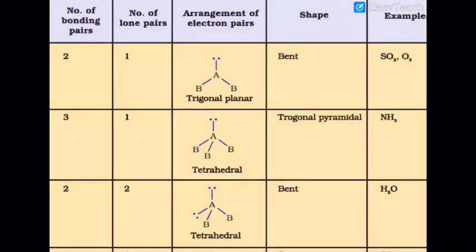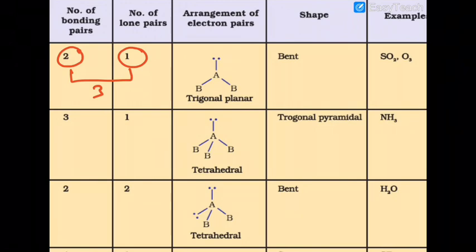Nice. Now look at that scenario once more: if you have 2 bond pairs and 1 lone pair, total is 3 electron pairs. The perfect geometry is trigonal planar. But in that case it is bent. Why?